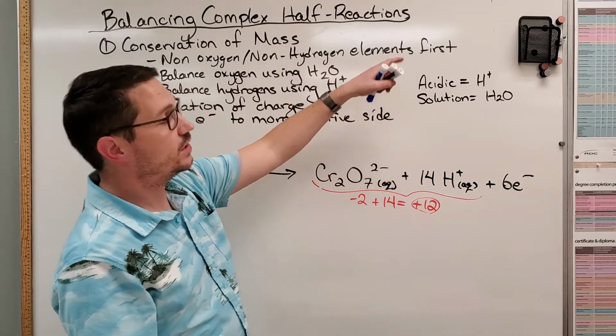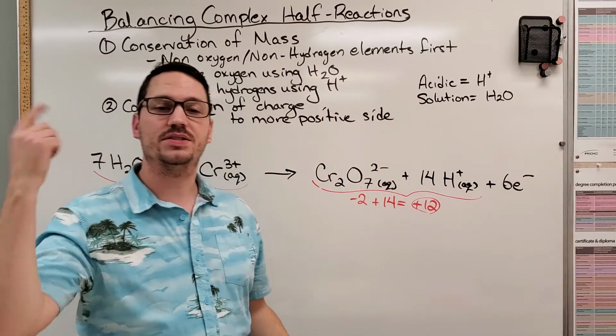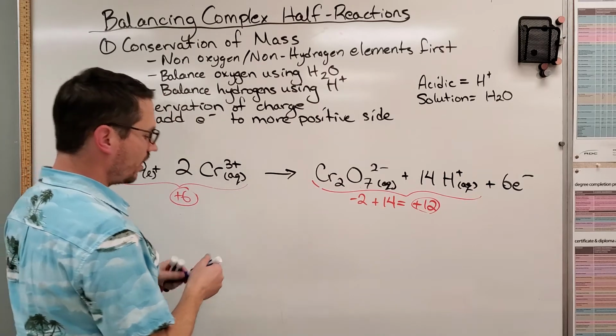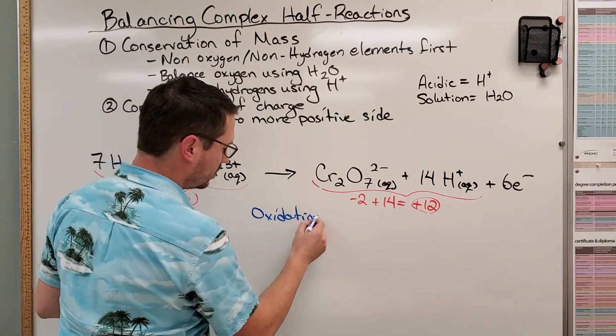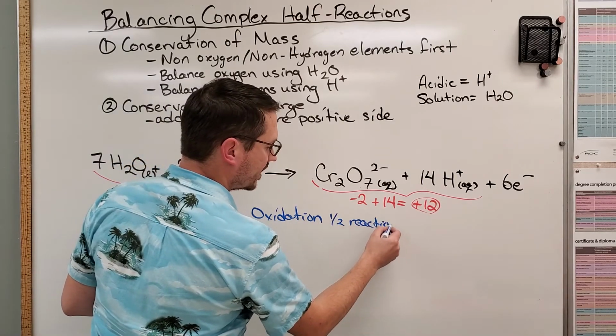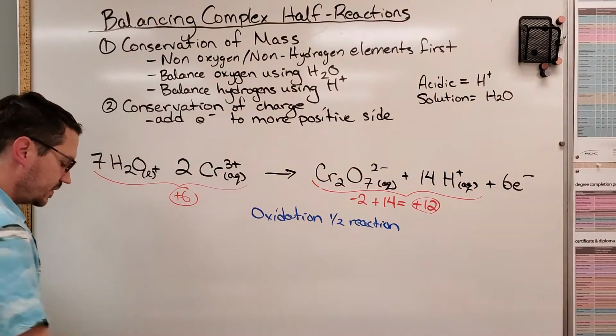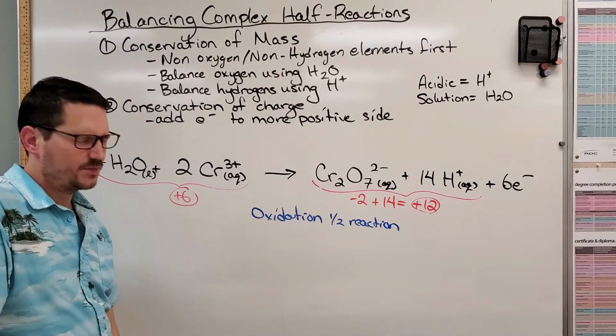So this is losing electrons. Losing electrons is oxidation. So this is an oxidation half reaction. You can just say oxidation. It's totally fine. So the chromium 3 plus is being oxidized. Okay, no problem.